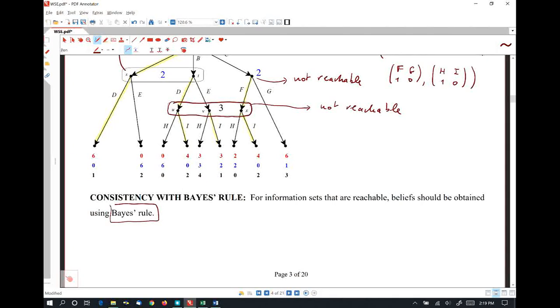So I will now suspend this video and start a new one on Bayes' rule. And then once we have clarified what Bayes' rule is, we come back to this video and continue this analysis of how to solve extensive form games.